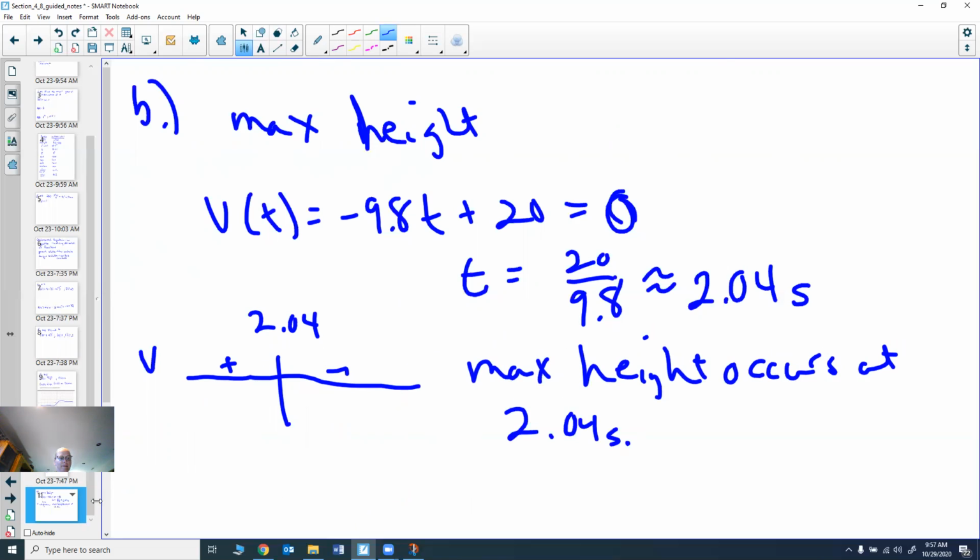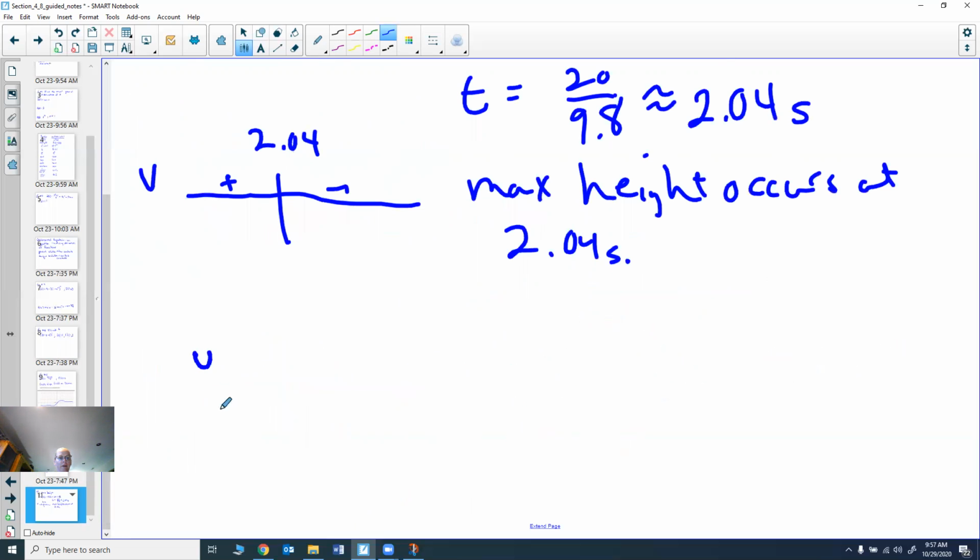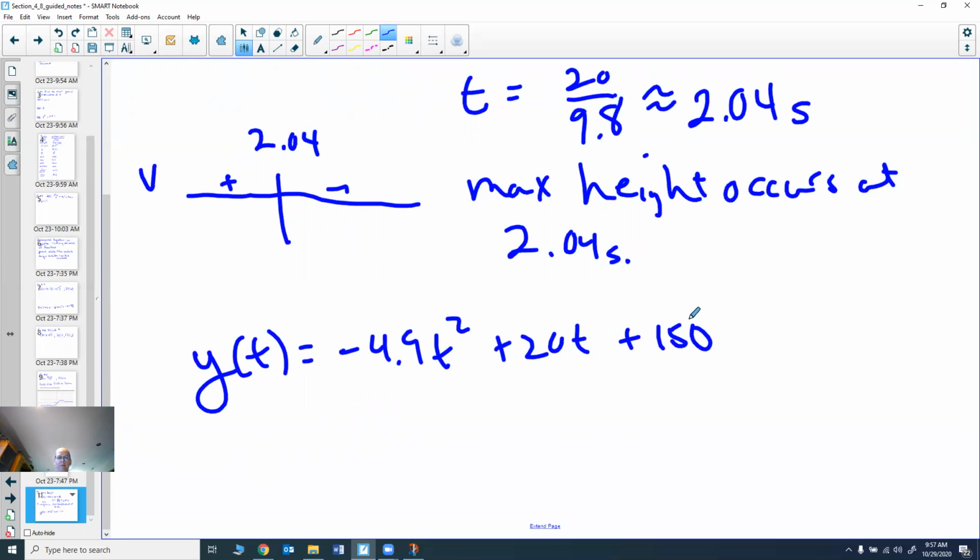Now the maximum height itself is, again, y of t is equal to negative 4.9 t squared plus 20t plus 150. So all we've got to do is put in the 2.04 for t and find out what our height is.